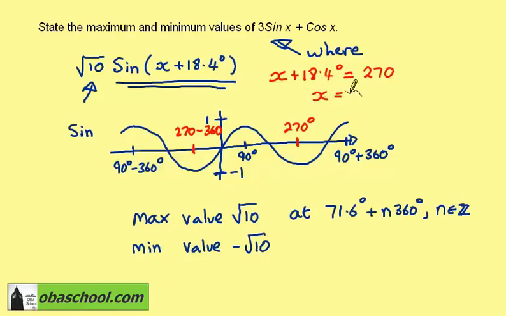Take 18.4 from both sides and we find that x is 251.6 degrees. So we can write this as the first one happening at 251.6 degrees, and then once again they'll happen at multiples of 360 degrees from the first one.